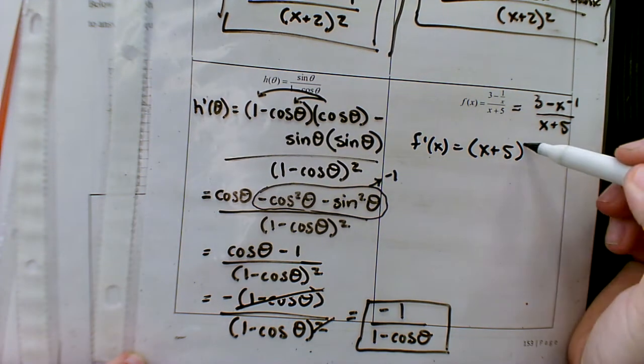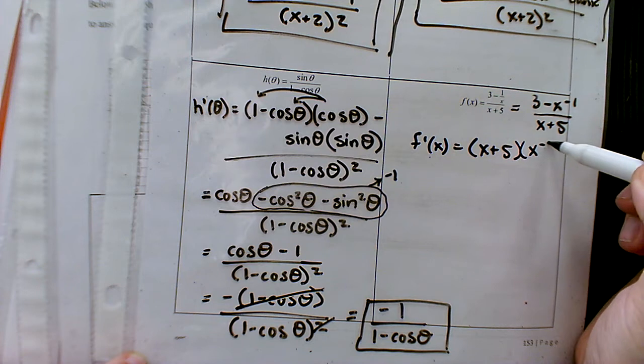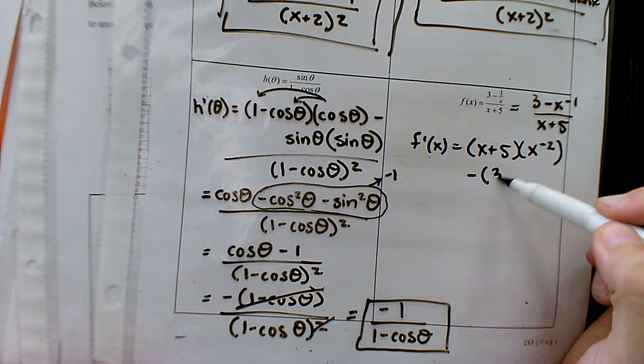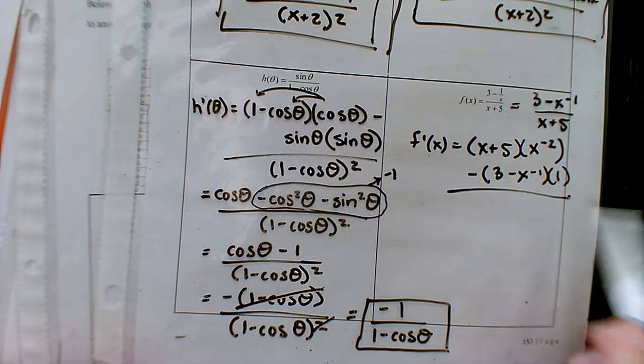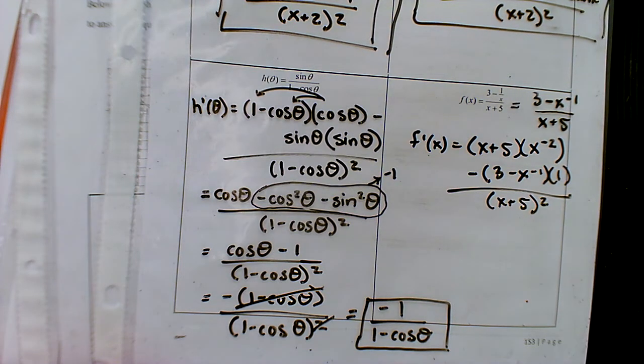So the derivative of 3 is 0. And then the derivative of the next term would be x to the negative second. So low d high minus high d low, square the bottom, and we're good to go.